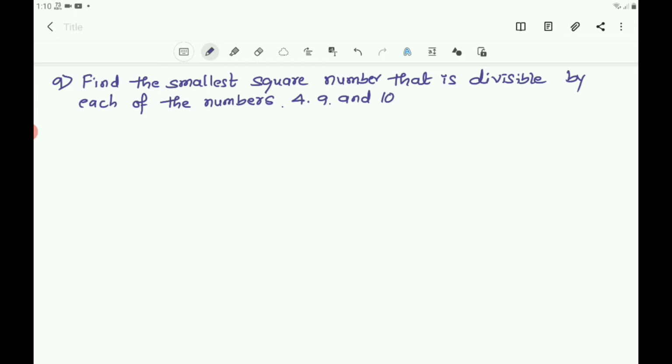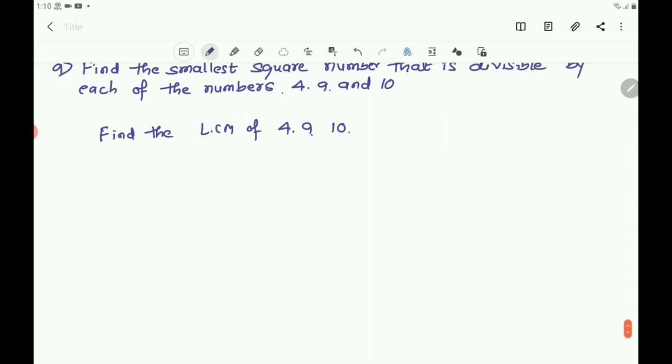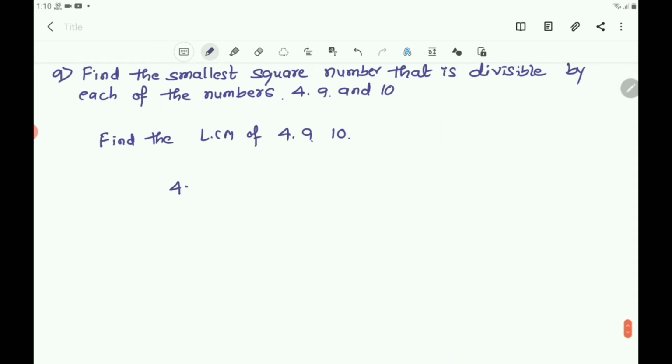Now you find the LCM of these 4, 9 and 10. You know the method of finding the LCM. Take 4, 9 and 10.